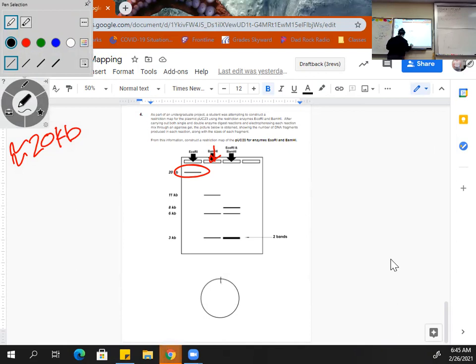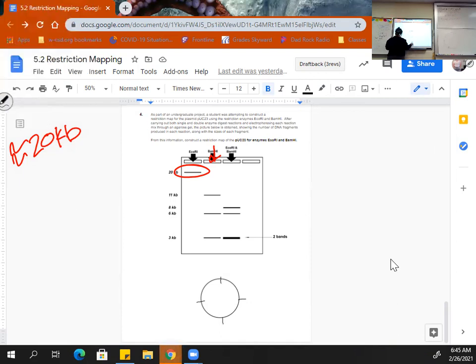So to break it into 20, we need 5 pieces.